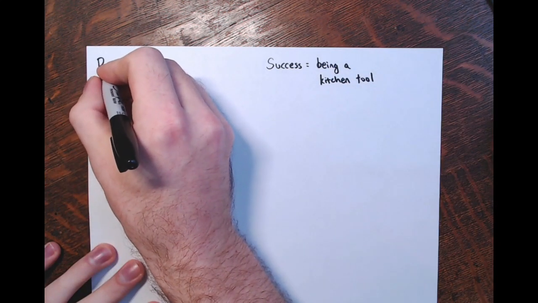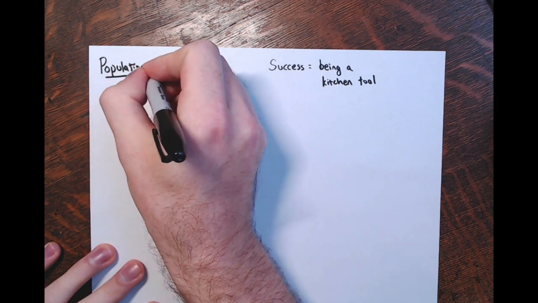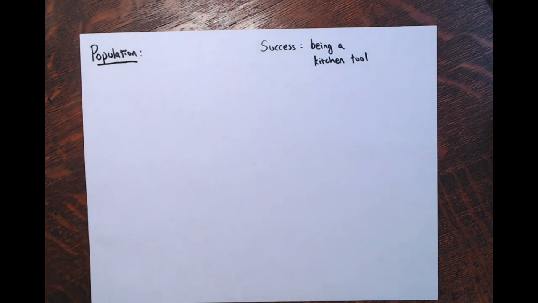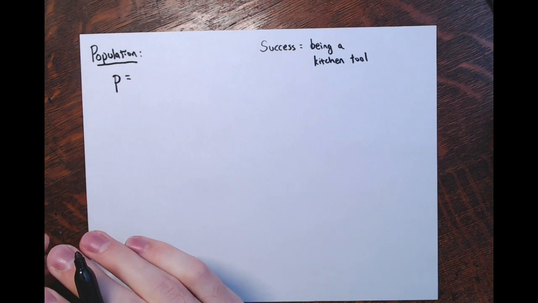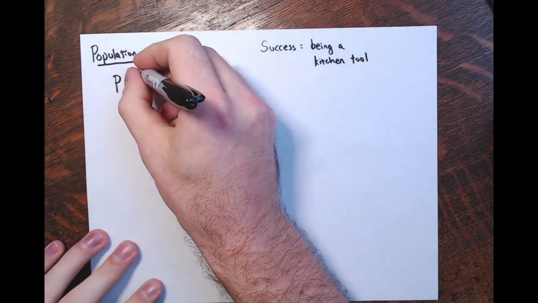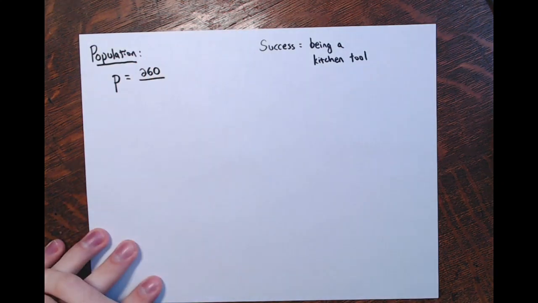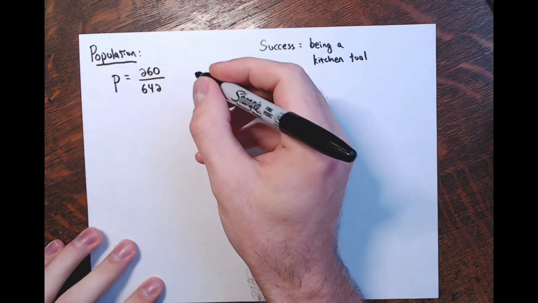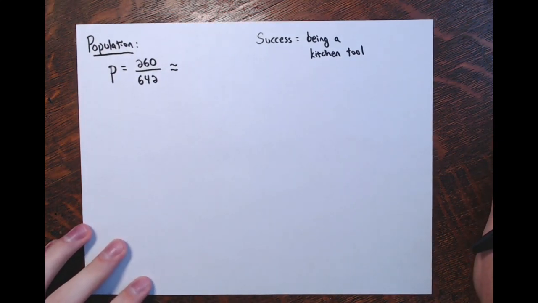And for the population, all the unique items in this store, the population proportion, the p, is how many of the items in the store are kitchen tools. That was 260 of them, divided by the 642.